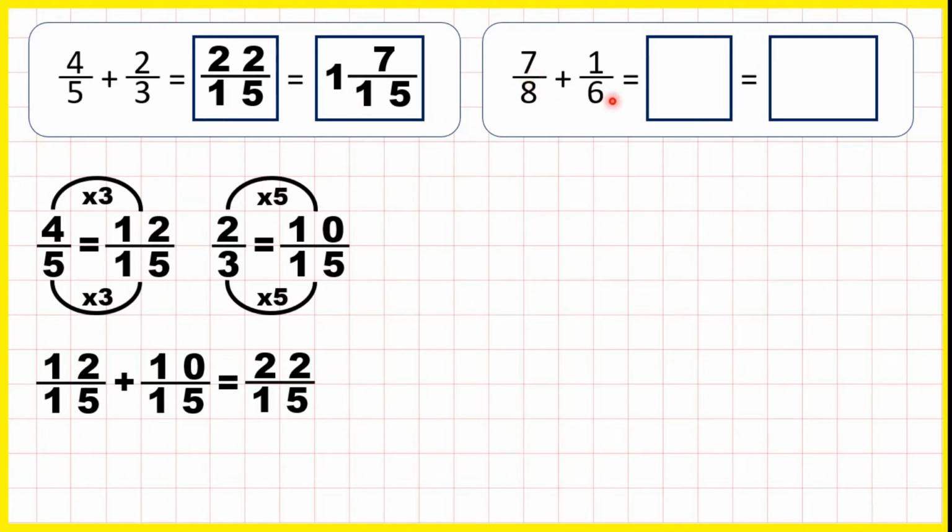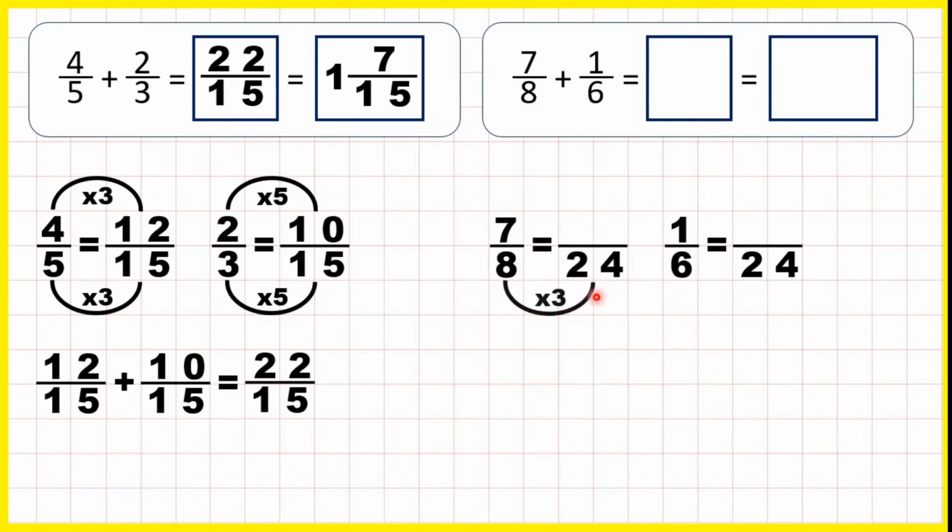Now 7/8 plus 1/6. Now 24 is in both the 8 and the 6 times table, so we can find equivalent fractions with a denominator of 24. 8 times 3 is 24, 7 times 3 is 21, 6 times 4 is 24, and 1 times 4 is 4.